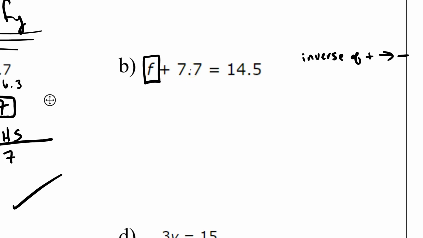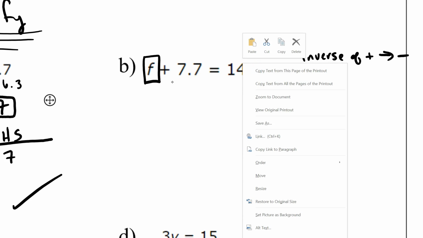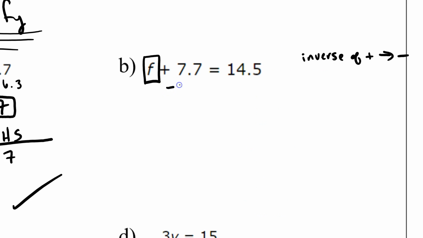So what we want to do is subtract 7.7 from the left-hand side. And on the right-hand side of the equal sign, just to keep it in balance, we must also subtract 7.7. So f plus 7.7 minus 7.7 is simply f.